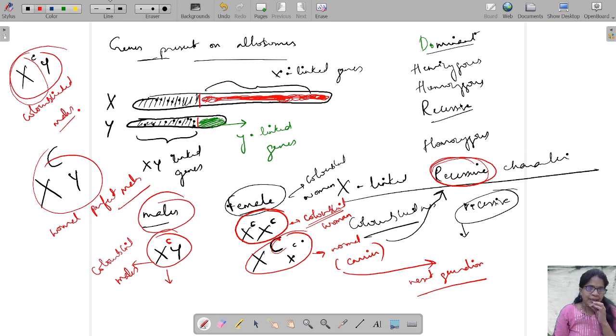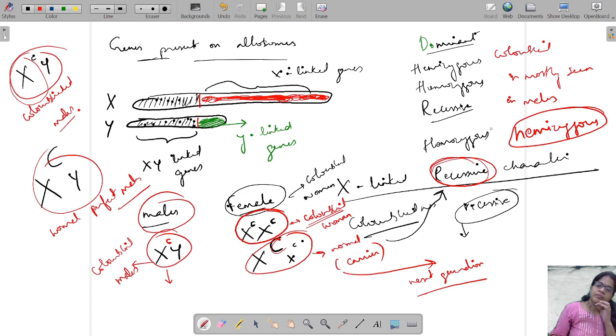But for males, as they have only one copy of X chromosome, males are more prone to color blindness. Color blindness is more commonly seen in males because males are hemizygous. Please note this point. Because they have only one copy of X chromosome, it is easy for them to get it, right?